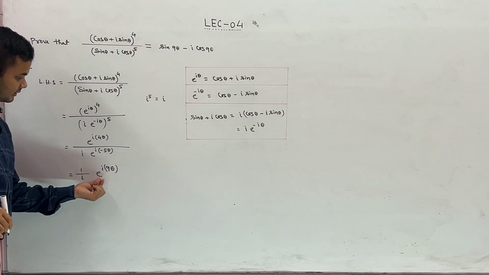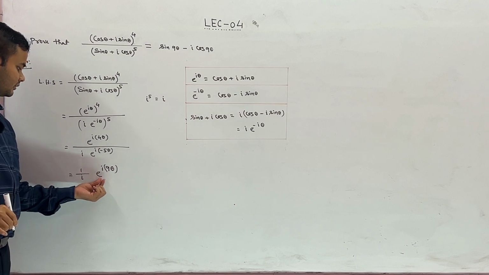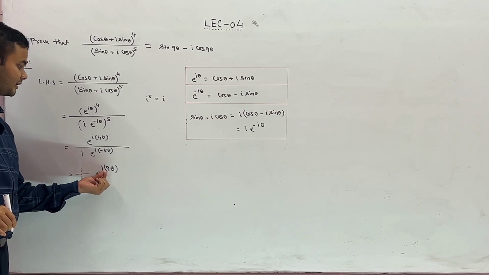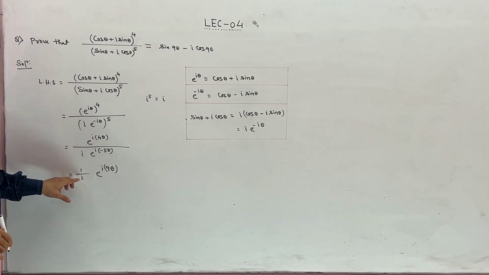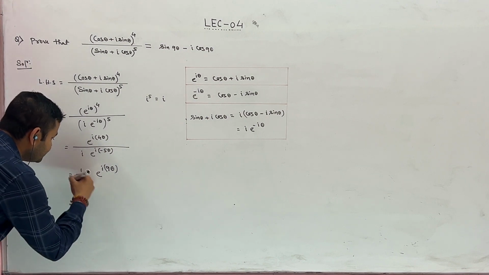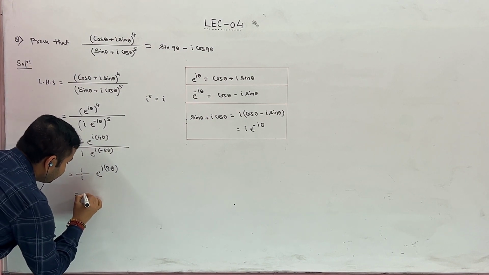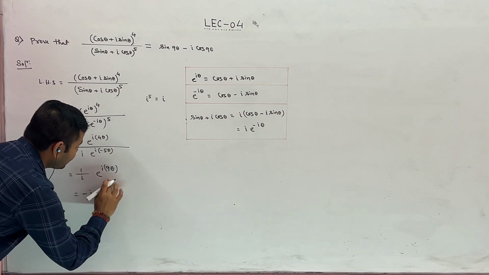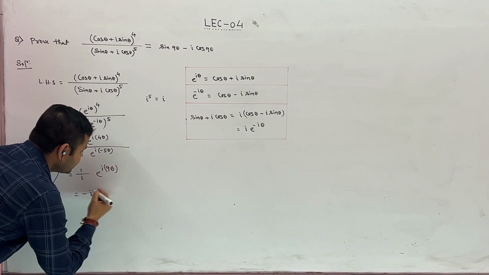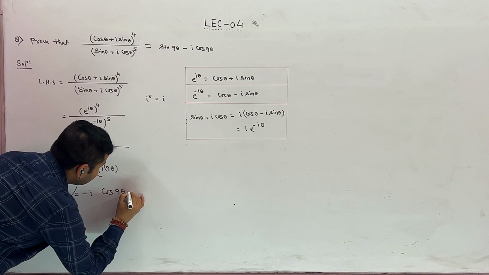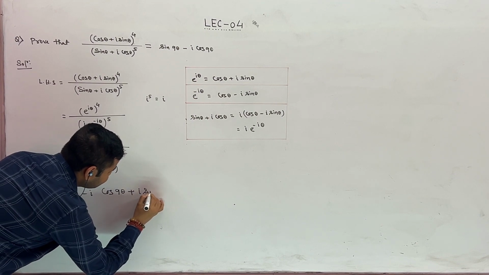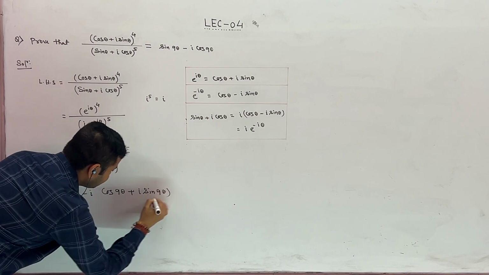Next, apply Euler's formula for this expression e to the power iota 9 theta. But before doing that, let us multiply numerator and denominator by iota. If we do, then we will get minus iota. Next, apply Euler's formula: cos 9 theta plus iota sin 9 theta.